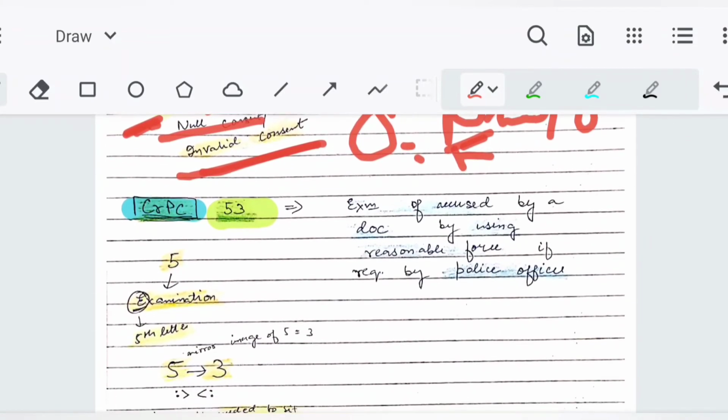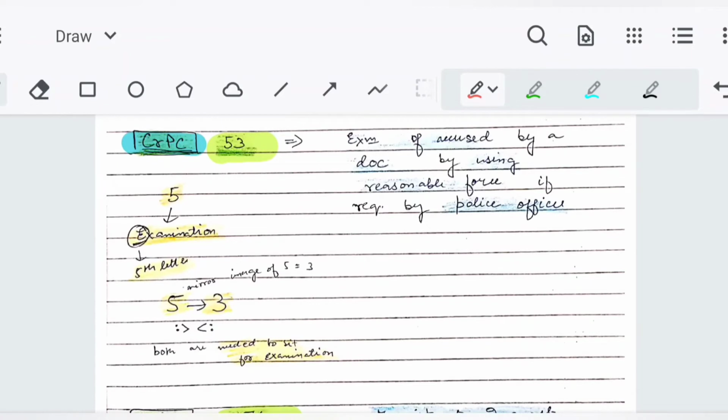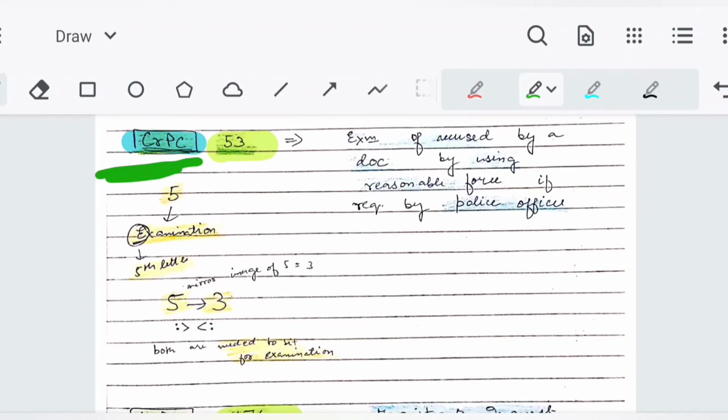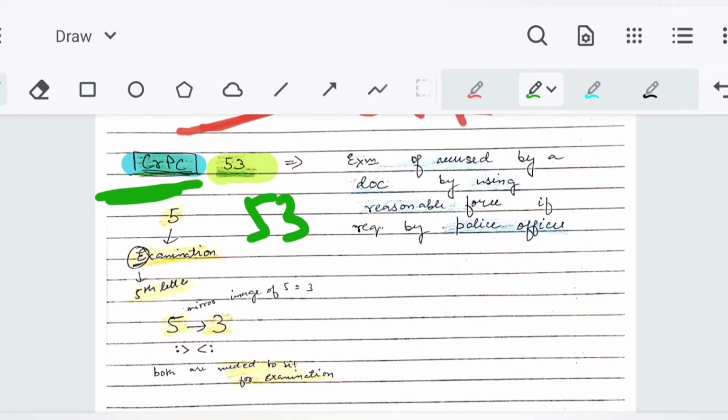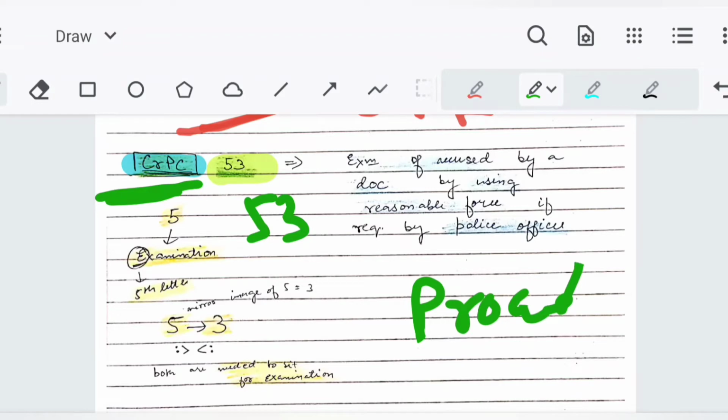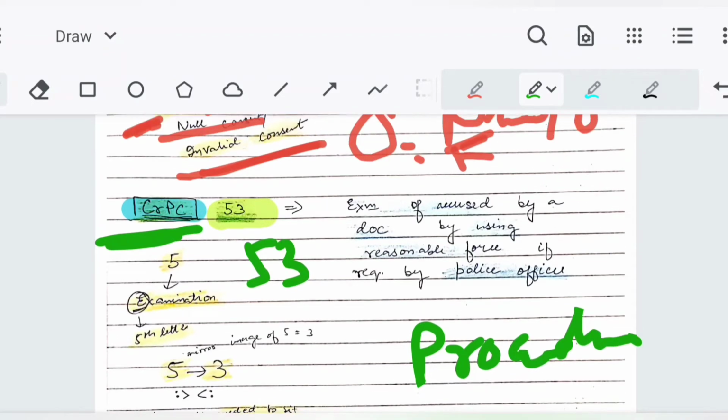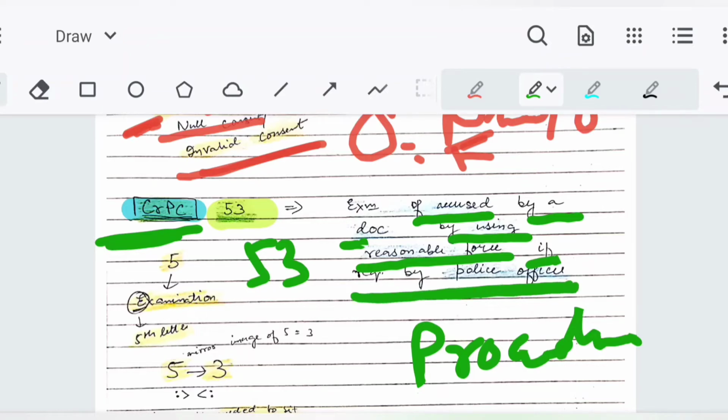Okay. Now coming to two CRPCs. CRPC 53. So CRPC deals with procedures, right? So examination of an accused by a doctor, using reasonable force if requested by a police officer.